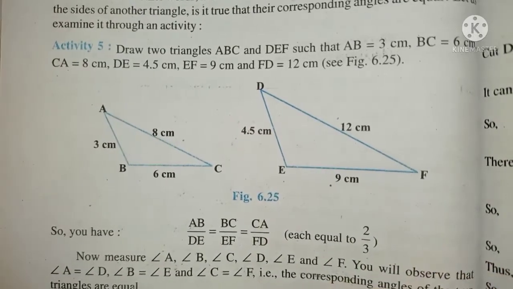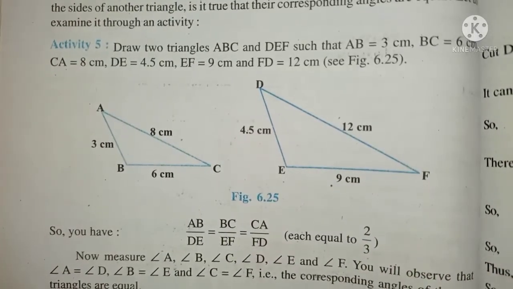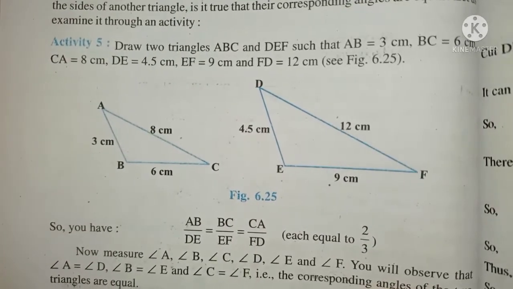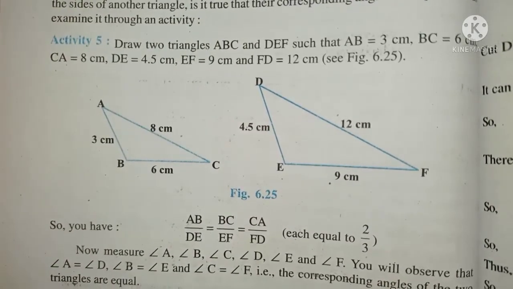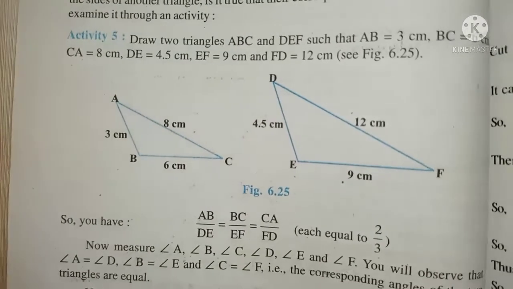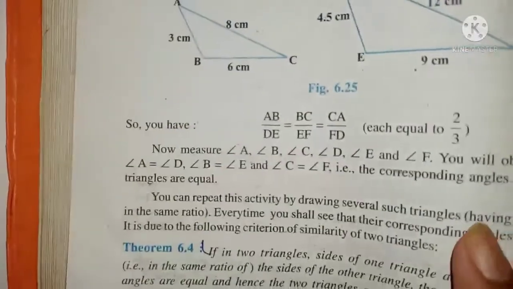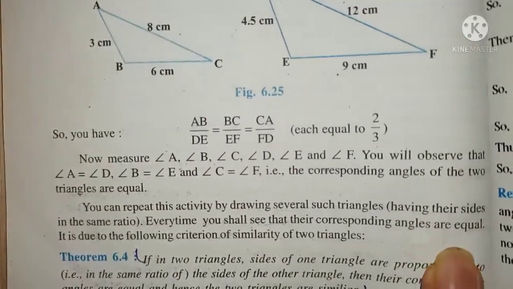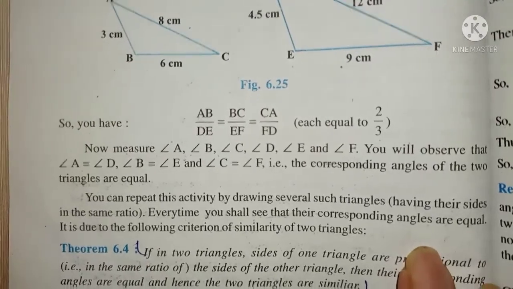Draw triangles ABC and DEF such that AB is 3 cm, BC is 6 cm, CA is 8 cm, DE is 4.5 cm, EF is 9 cm, and FD is 12 cm. Some solutions are given which you need to read, because we are not going to do this as it is given in the book also.